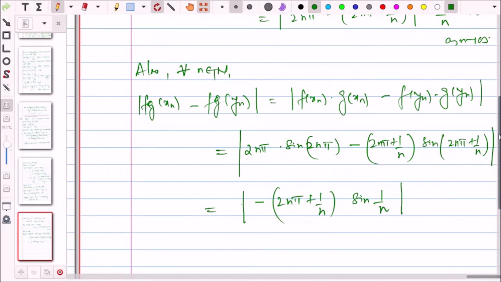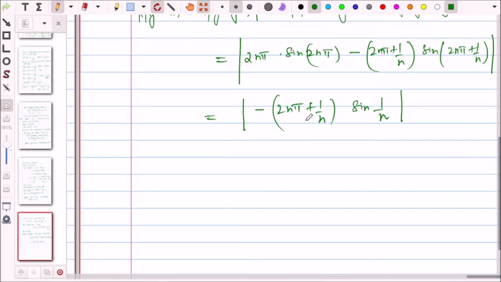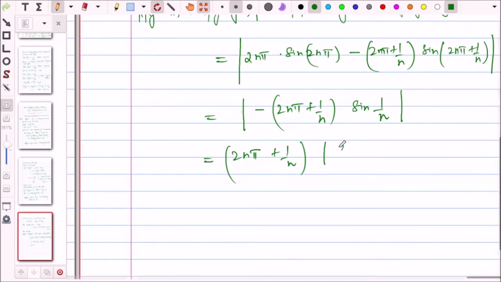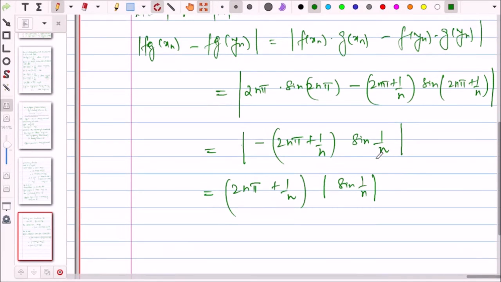Now this is equal to (2nπ + 1/n) sin(1/n).